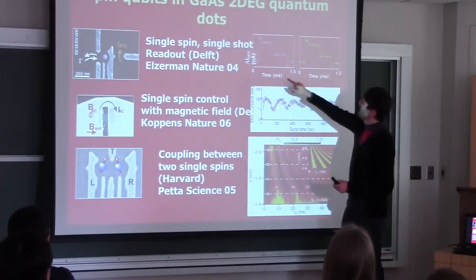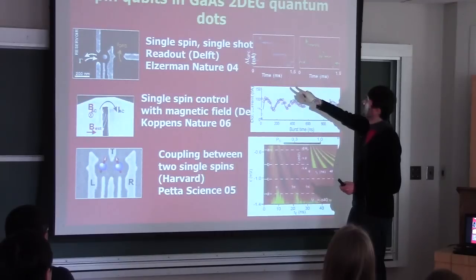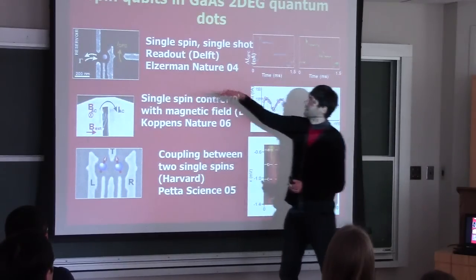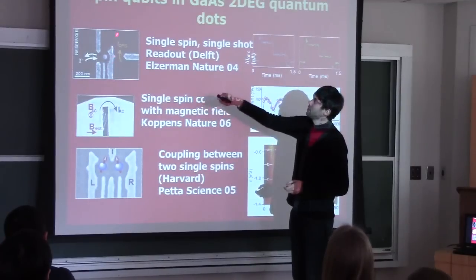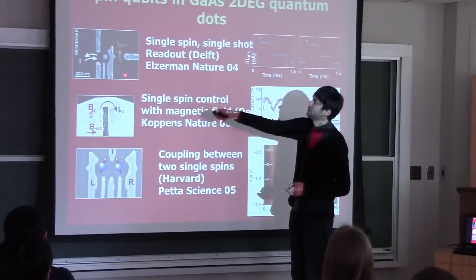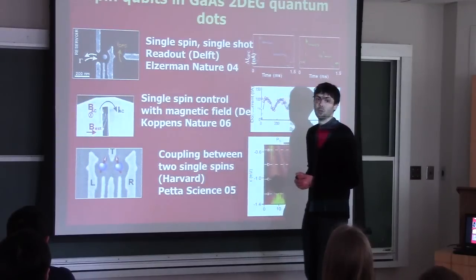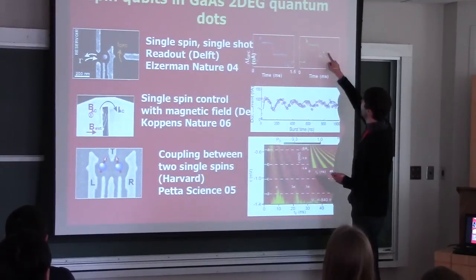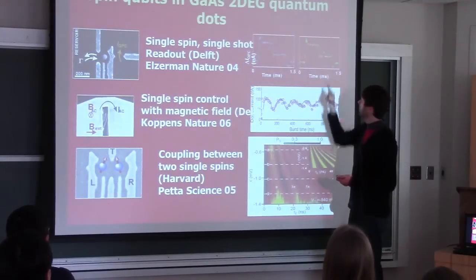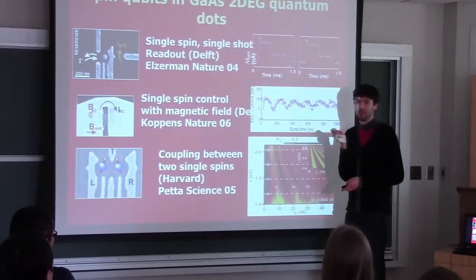So what the data is, it is a certain time-dependent pulse, like this, applied to a certain gate, and maybe it's this gate, and then they measure current through this sensor. And depending on whether an electron is there or not, the current is higher or lower. And that is what gives you these pulses. And this little blip here is a detection of a single spin of a single electron.